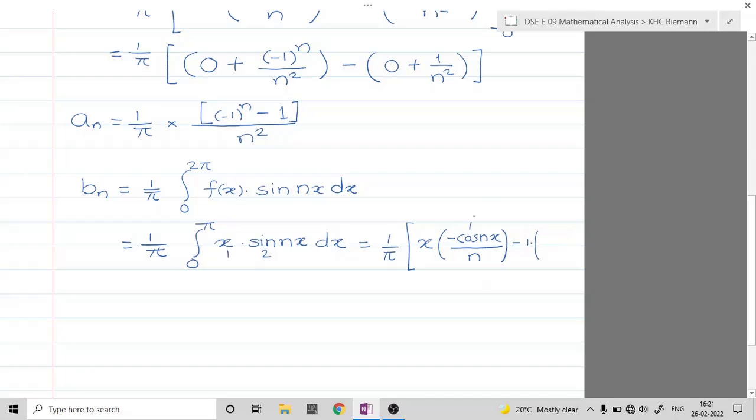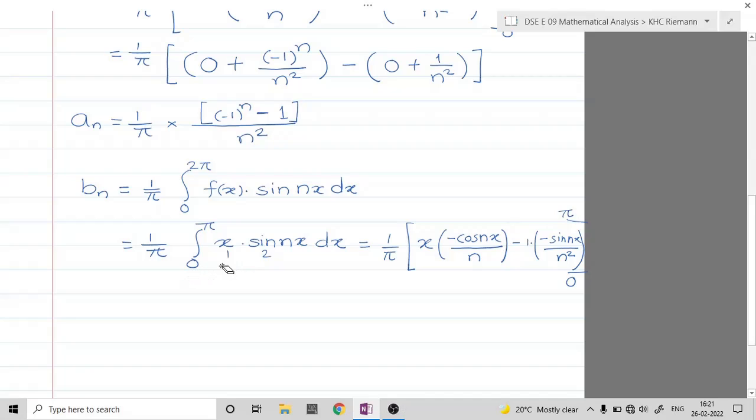And again integration of this bracket, minus sign as it is. Integration of cos is sin nx upon n, and this n becomes n square. I think this much is okay. And for all this, lower limit is 0, upper limit is pi.